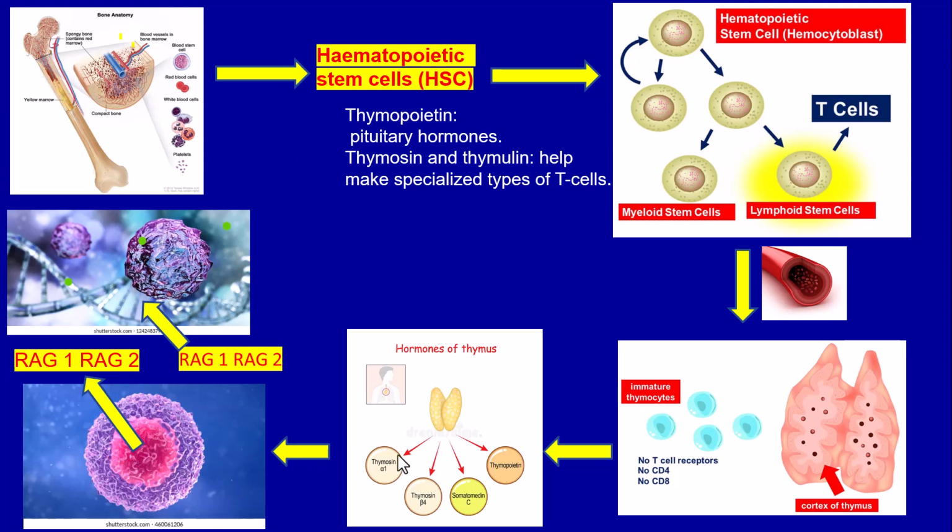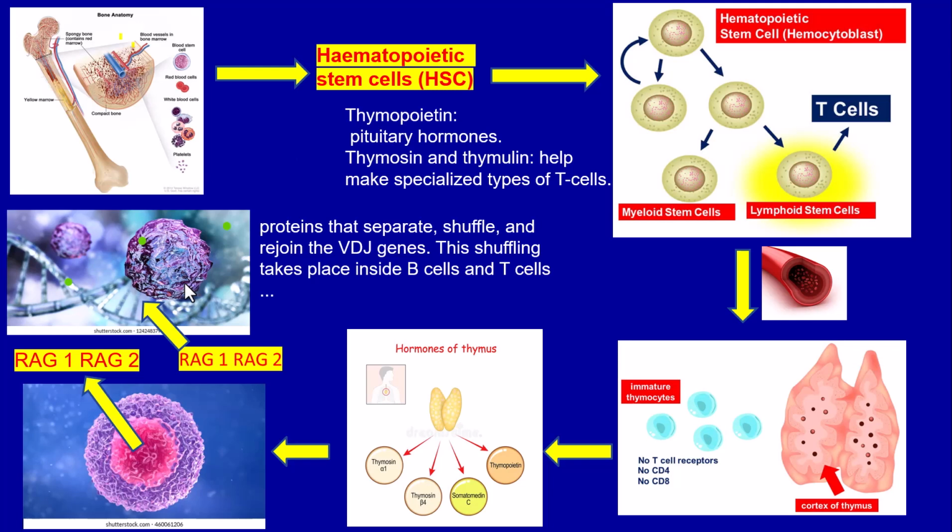So first, these hormones act on the nucleus and produce RAG1 and RAG2, and RAG1 and RAG2 act on the chromosome and produce proteins. These RAG1 and RAG2 are actually proteins, called recombinase proteins.